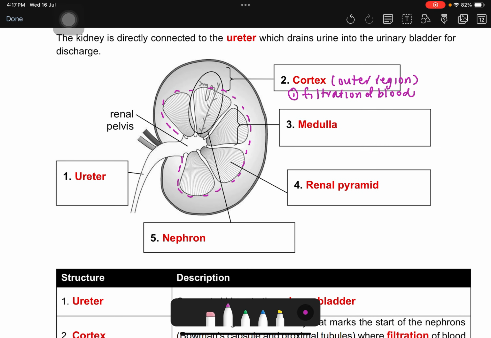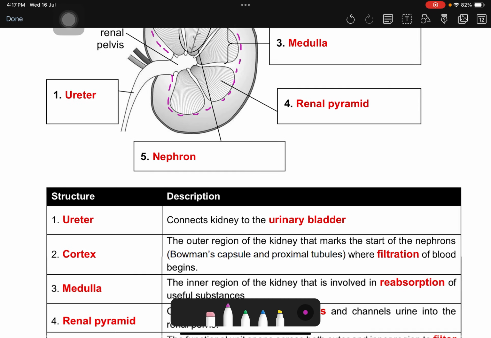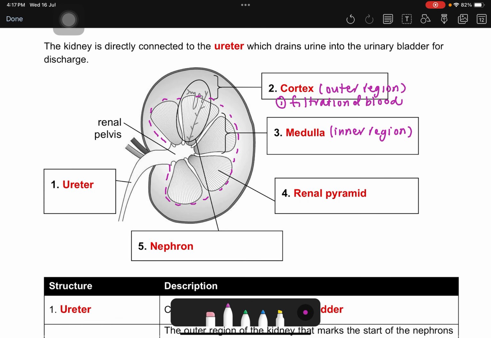It's not medusa, by the way, it's medulla, which refers to the inner region where the other parts of the nephrons are found in the kidney. And in the medulla, the main function is reabsorption of useful substances.